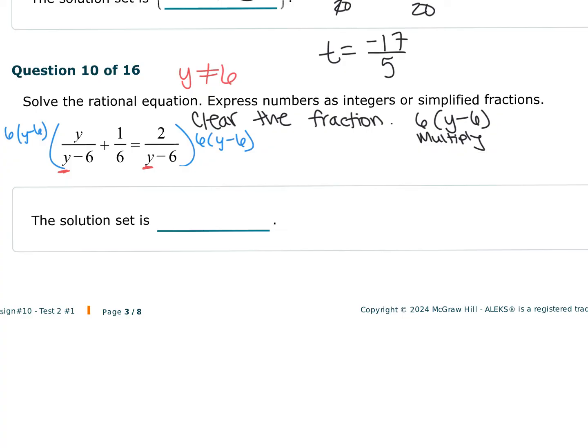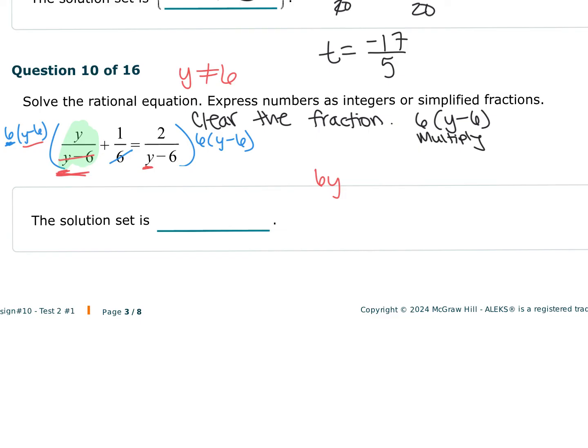And when I multiply the first piece here, then what would cancel out would be the y minus 6 and the y minus 6. And so I would be left with 6 times y. So this first piece becomes a 6y. When I multiply the second piece by 6 times y minus 6, the 6's would cancel out.